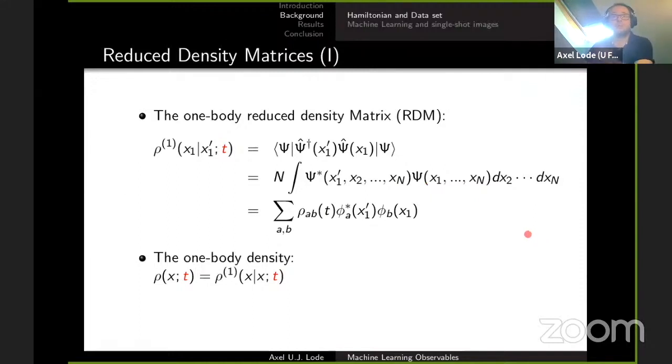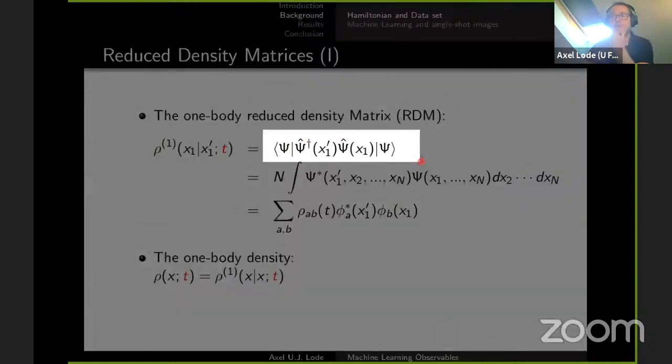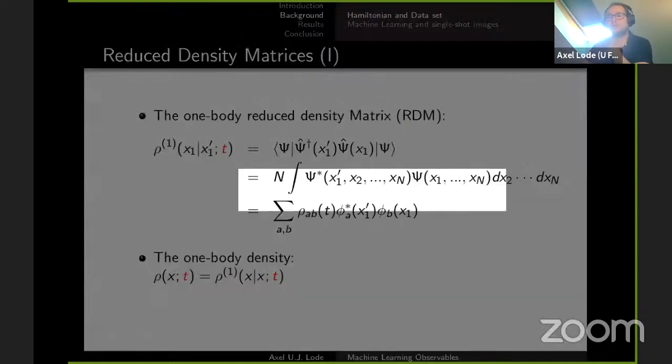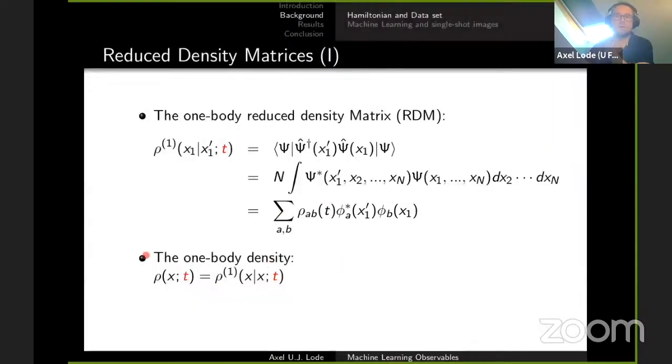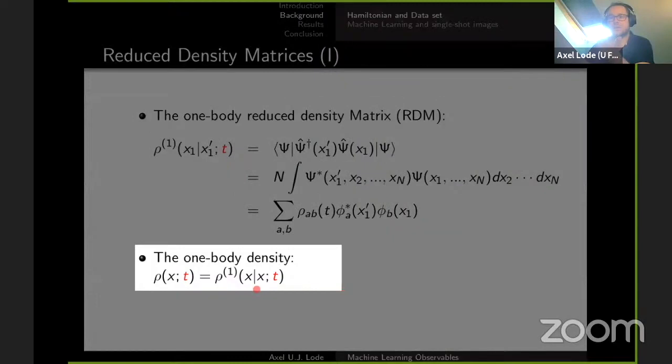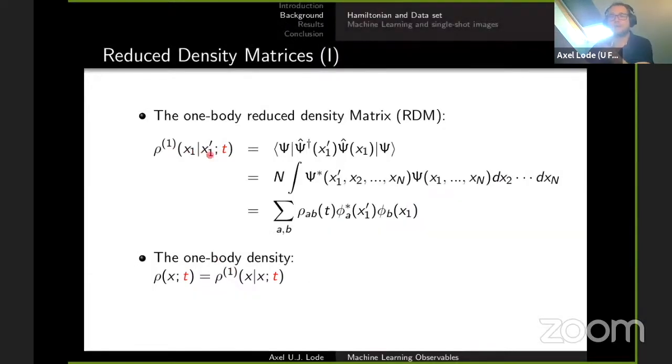The observables that we are going to deal with are the one-body density matrix and its diagonal, the density. The one-body density matrix is an expectation value of field operators, or alternatively can be written as a trace or in a basis. Its diagonal is when we make the first argument identical to the second, and we get the density.